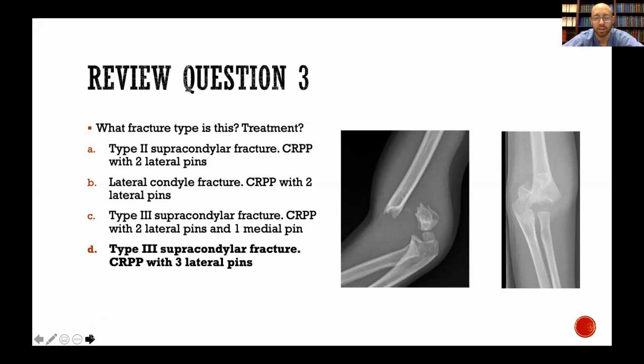In that study, they looked at use of 2 pins. Out of the 2 pins, spreading out by 60 degrees was the most stable. And then they found that 3 pins was even better than any of the 2-pin combinations.